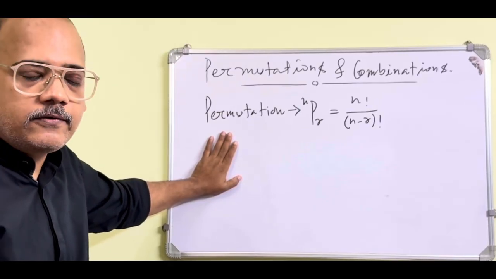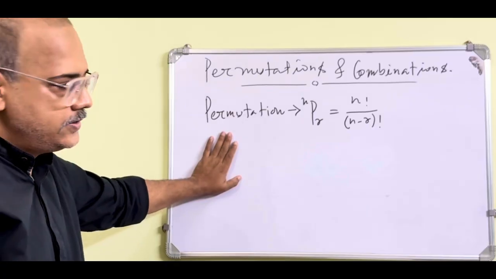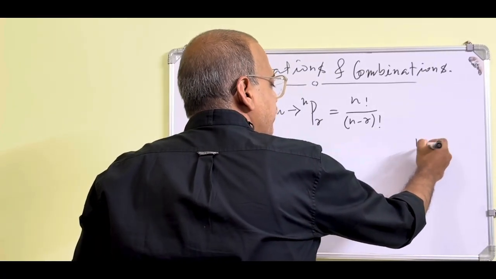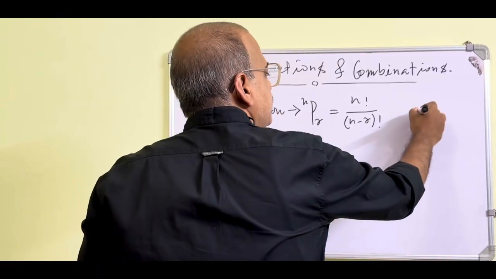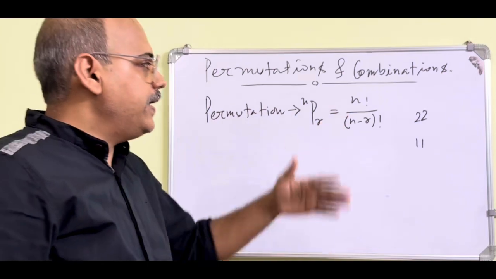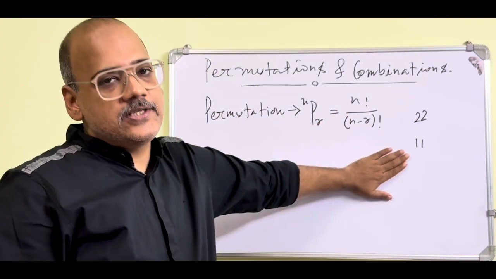For a squad of, let's say, 22 players, I need to choose 11 players from a total squad of 22 cricketers. If I simply choose them, then it's a combination.